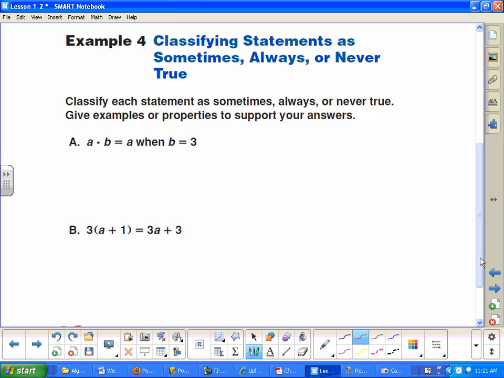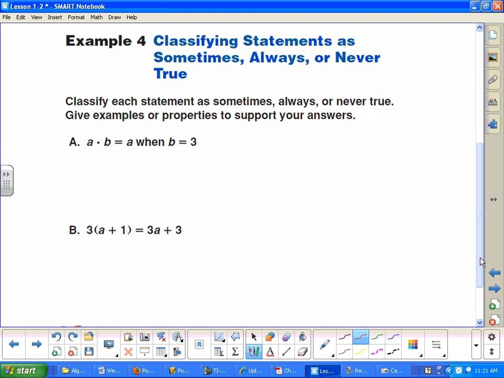Now, for letter A, it says A times B equals A. First of all, does that meet any of our properties? Does that look like a commutative or associative or distributive property? No, it doesn't look like any of them, right? There's no order change. There's no B over on the right-hand side, so it's none of those properties.